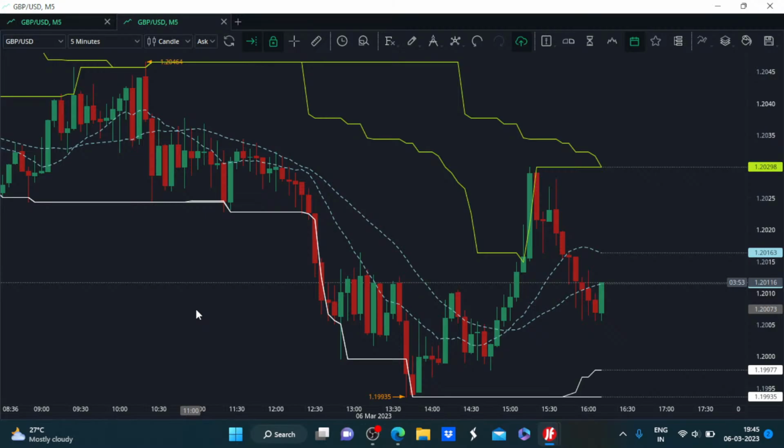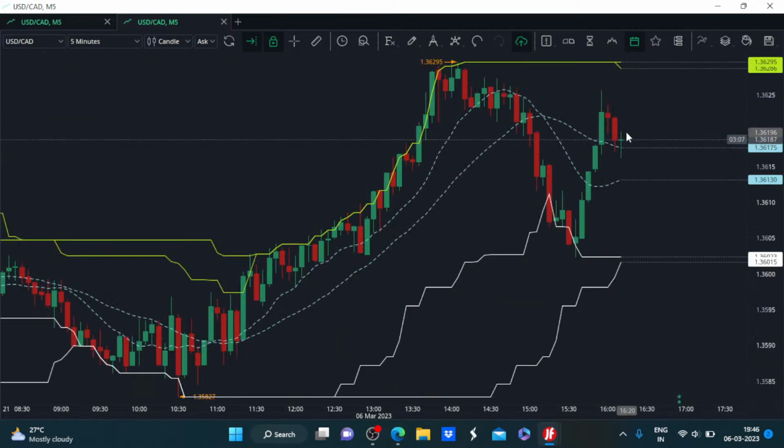For the USDCAD, we saw this immediate swing high formation, then this correction, and again the climb towards the immediate swing high. So the price formation of the USDCAD is in line with the price formation of GBPUSD. CAD is also looking a lot more bearish in comparison to the other major currencies like AUD, NZD, and Euro. It is having the price formation which is similar to the GBP.